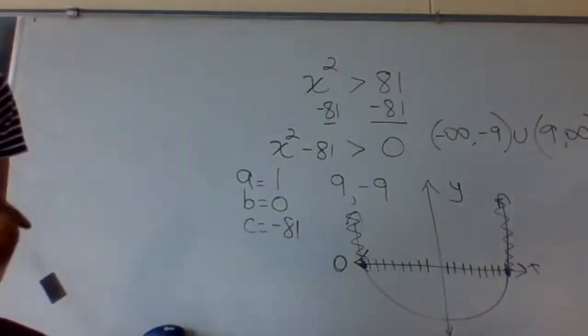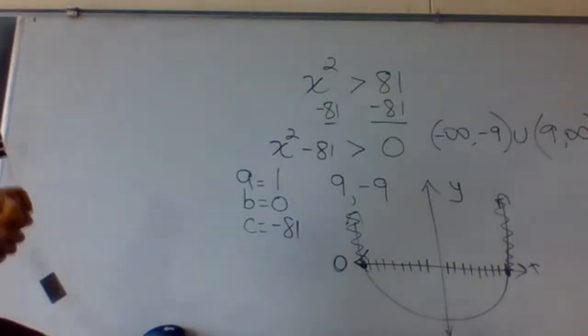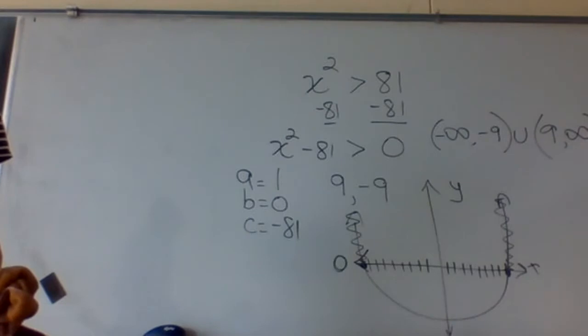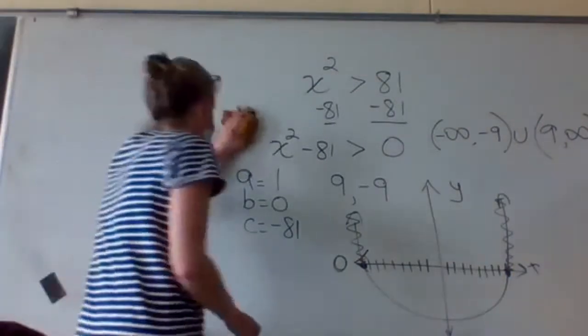Right, number 5. 144 minus x squared is less than or equal to 0.